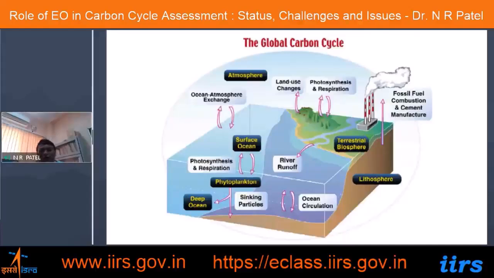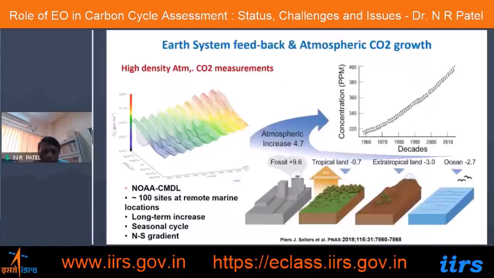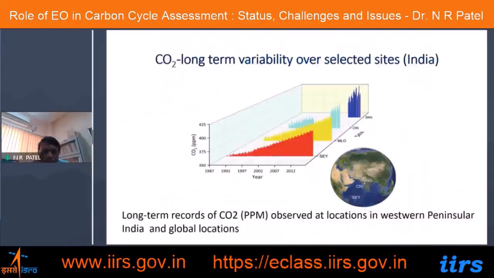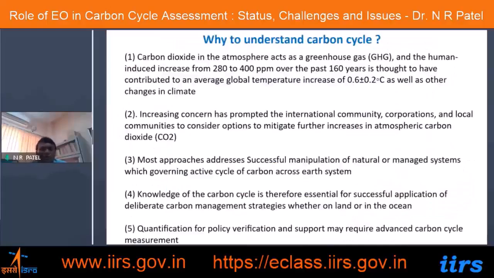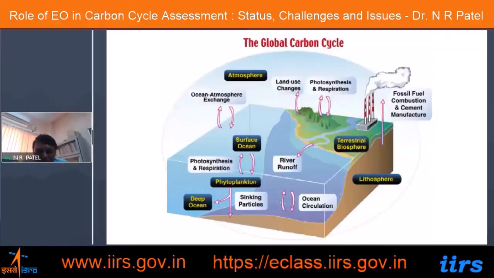So globally, if we see the total carbon cycle, from the atmosphere around 120 petagrams of carbon is absorbed by photosynthesis.